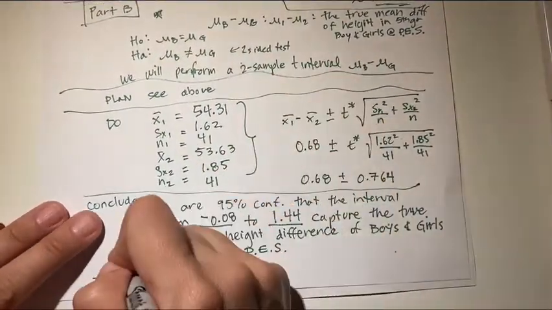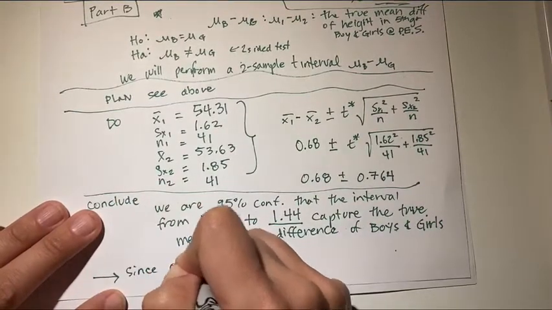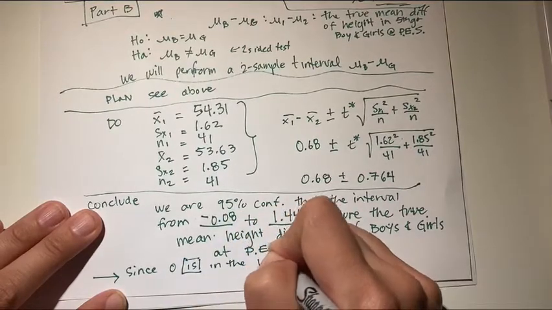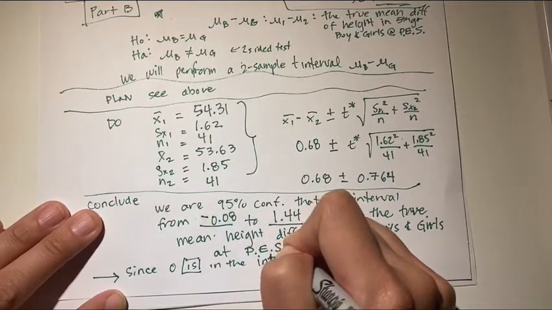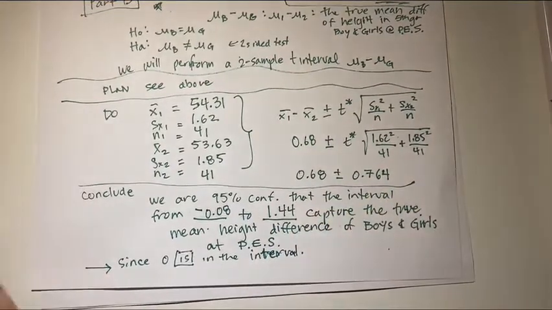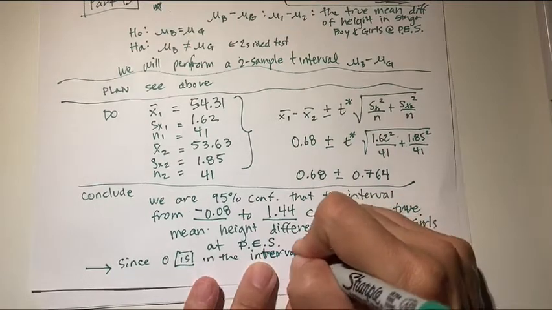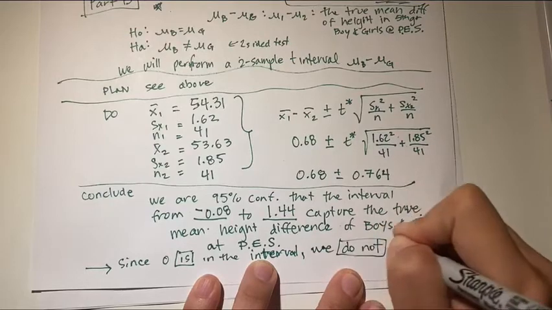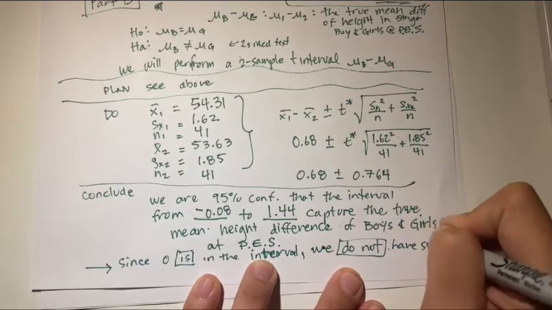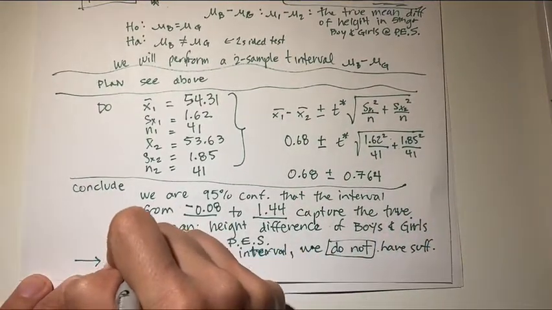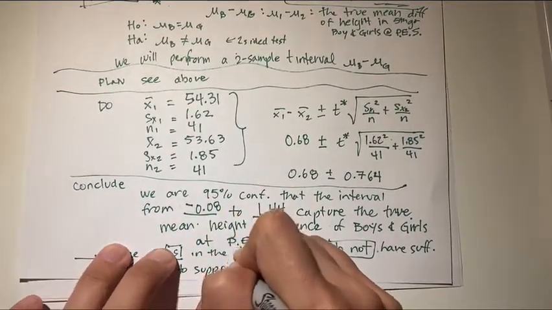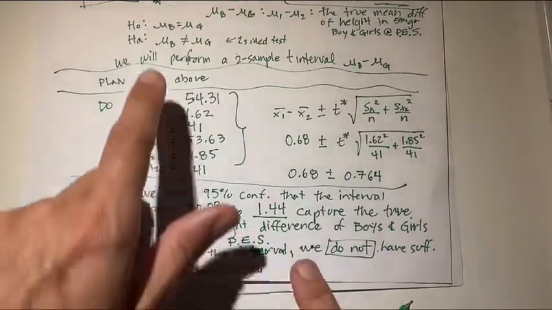We can say since 0 is in the interval, we do not have sufficient evidence to support that H sub A. Well, what is H sub A?